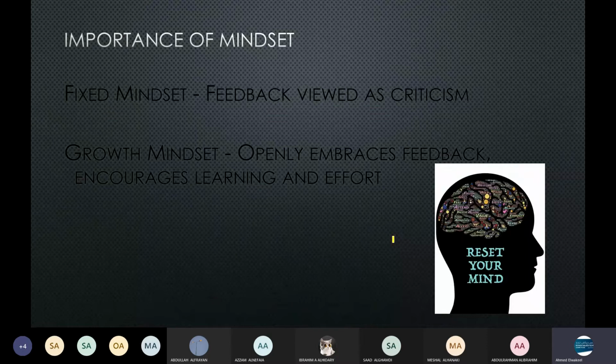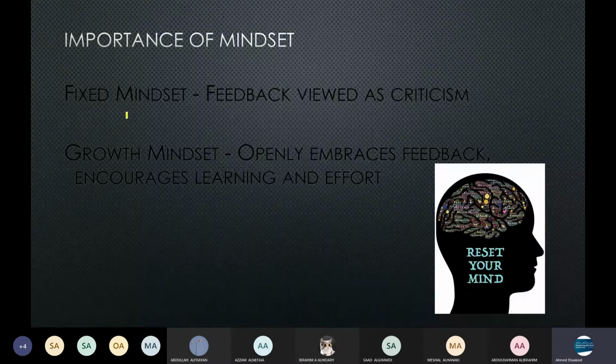The importance of mindset. So first of all, I'm taking a test right now. Some students say this test is not in my report card, so it's useless. It's not important. On the contrary, guys, this test is totally important, and we need to work properly on that test.